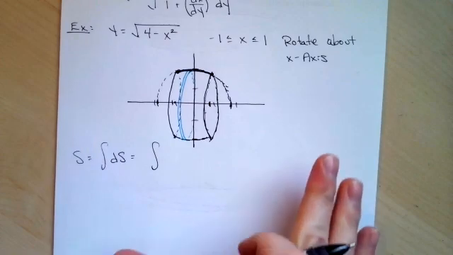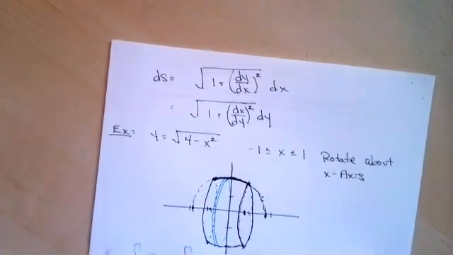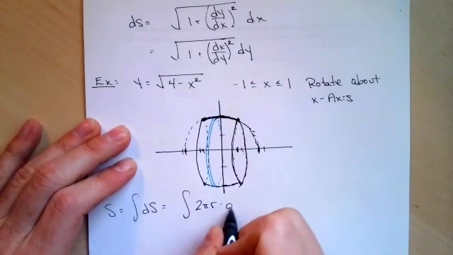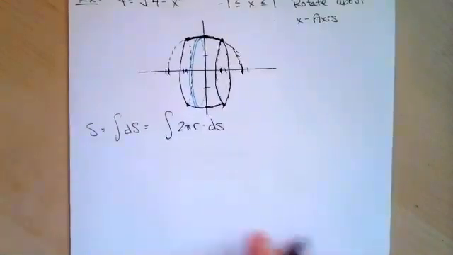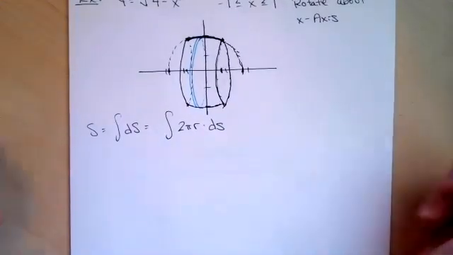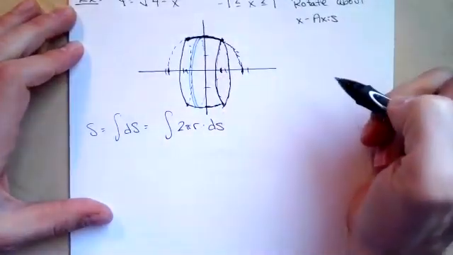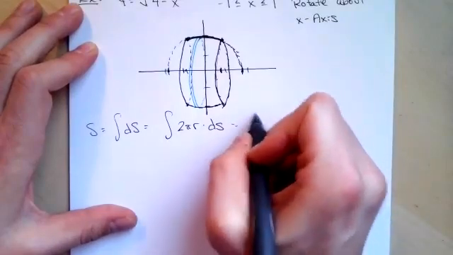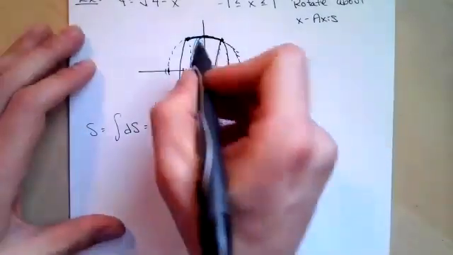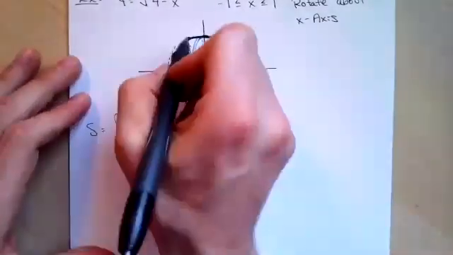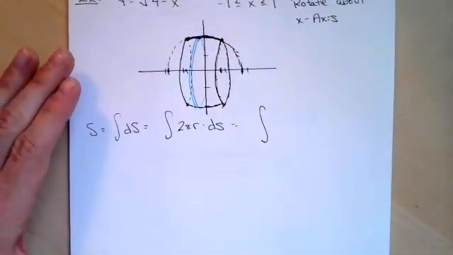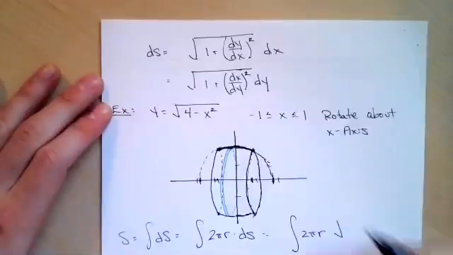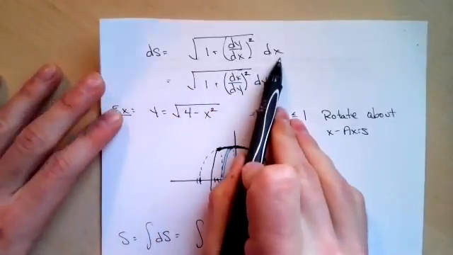let's see, I guess we didn't quite put those formulas together. We've got 2 pi r ds. And we need to figure out r and ds. And since we are slicing perpendicular to the x-axis, and we have a function of y as a function of x, we can see we want to at least approximate our ds's, the arc length for each of these pieces, by our ds function relative to x.